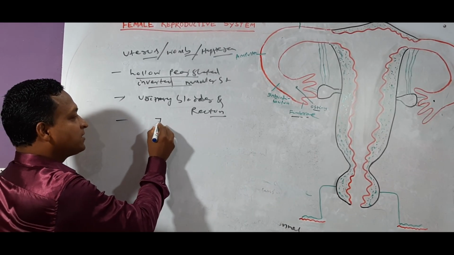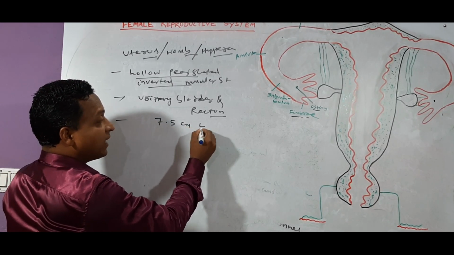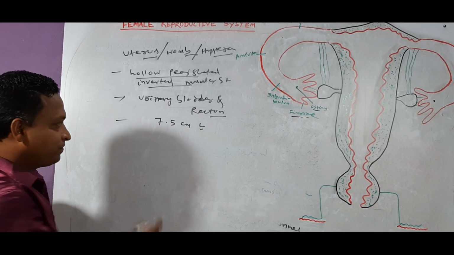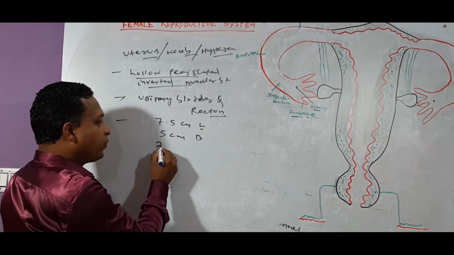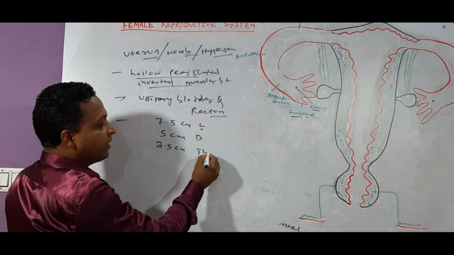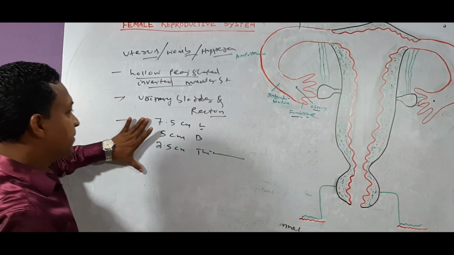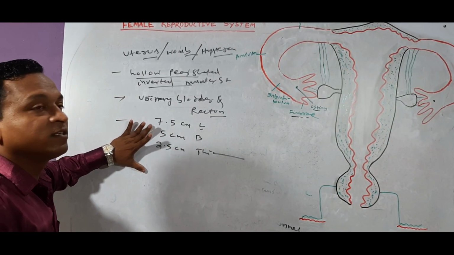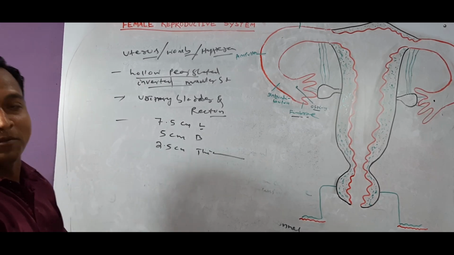Its length is 7.5 centimeters, breadth is 5 centimeters and thickness is 2.5 centimeters. Clear?